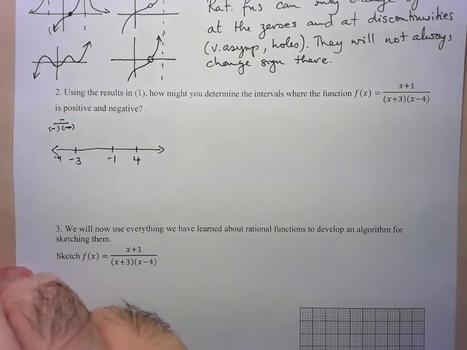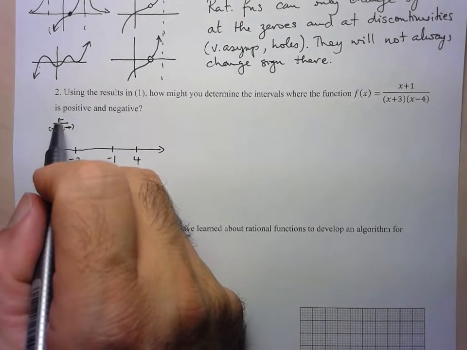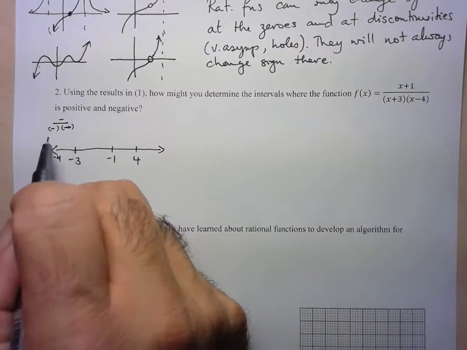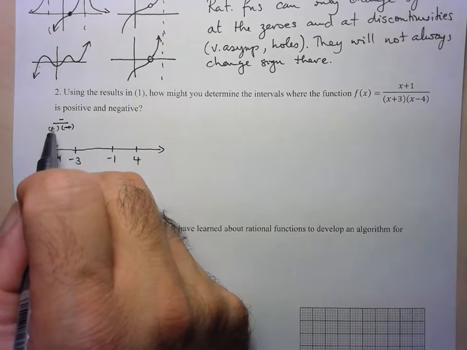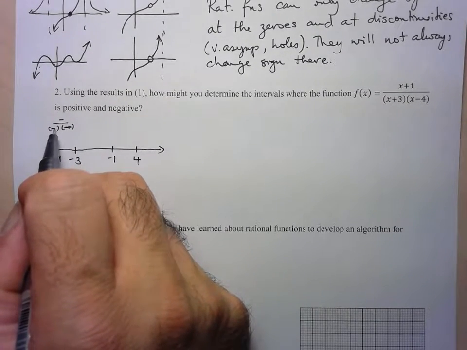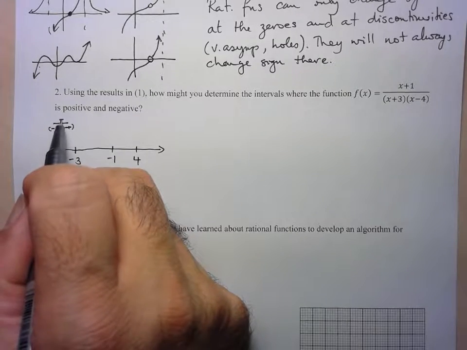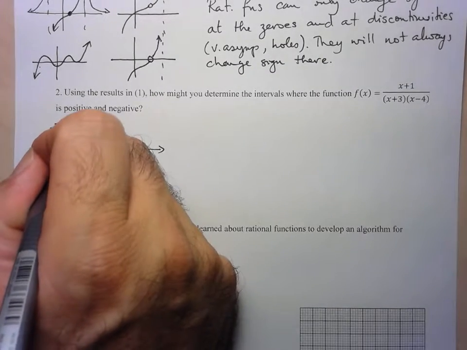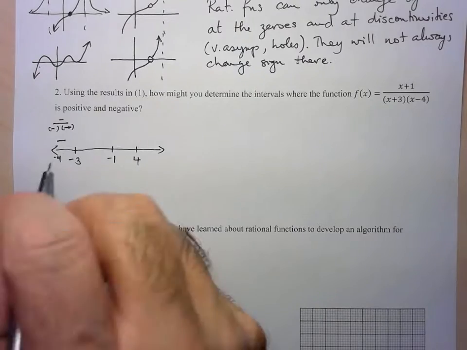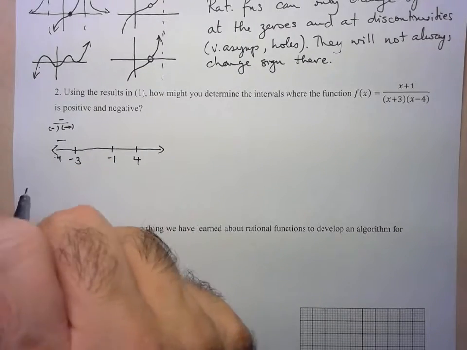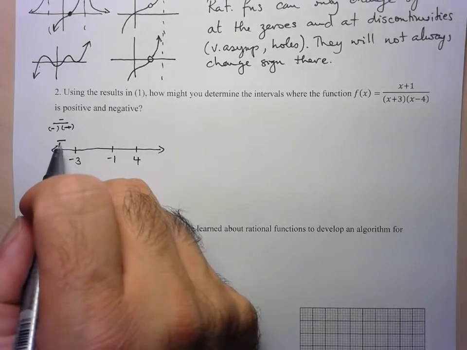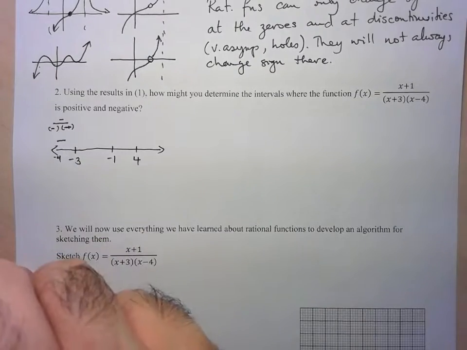So what do we have? In the numerator, a negative number, and in the denominator, the product of two negative numbers, which is going to be positive. So negative over positive. In that interval, we know that all the y values have to be negative. As soon as one is negative, everything else has to be negative.